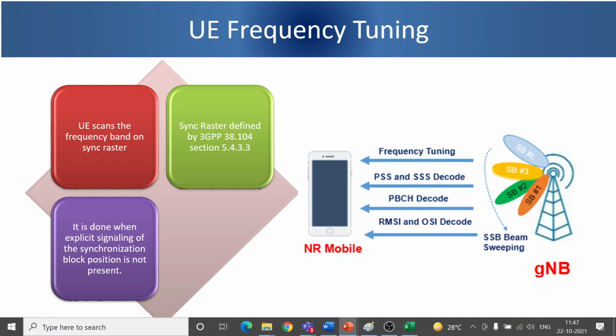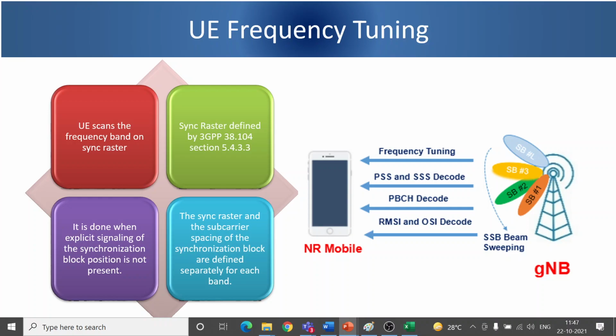Otherwise, it does the tuning on the raster. The next point is that the sync raster and subcarrier spacing of the synchronization block are defined separately for each band. That means the subcarrier spacing is already known to the user equipment, already configured or programmed for that. So that is the first part, frequency tuning.